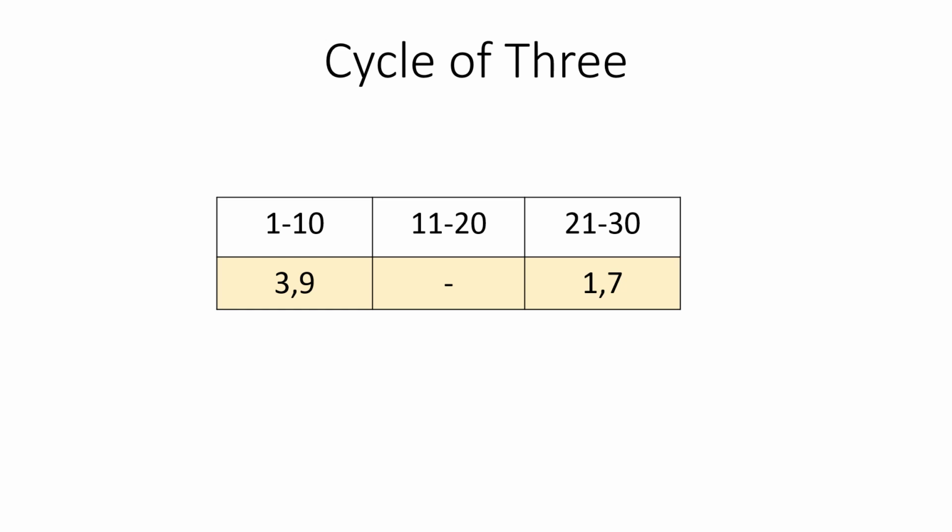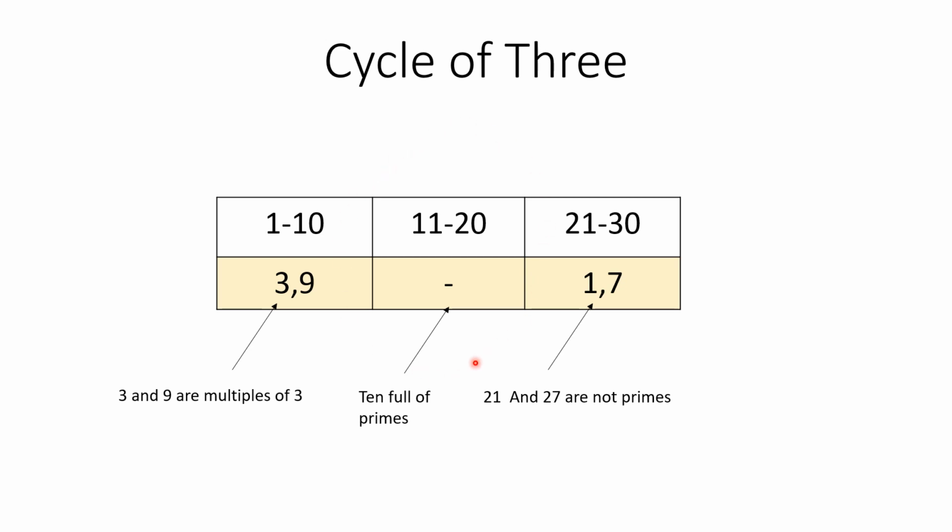In the 11 to 20, it has to be 11, 13, 17, 19. And in the 21 to 30, it has to be the 23 or the 29. Any of those could be a prime, but not necessarily. The ten in the middle is what I call a ten full of primes, or a prime 10.